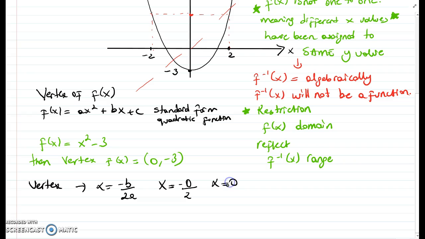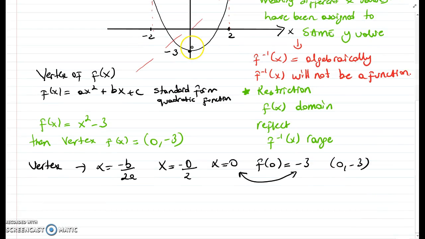So our vertex x coordinate value will be 0, and if we go back and plug in 0 on f of x, we're going to get negative 3. So this is going to give us the coordinate values of the vertex. That's why we have 0, negative 3.